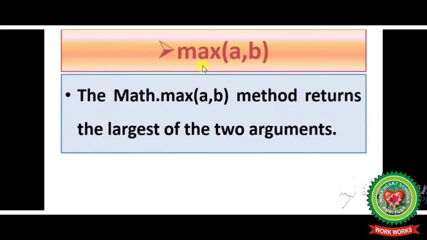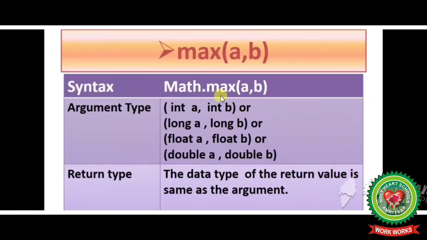The next is max, that is maximum function. max(a, b): the Math.max(a, b) method returns the largest of the two arguments. It means it will accept two arguments in the round bracket and from them it will give the largest value. See the syntax: Math.max(a, b).